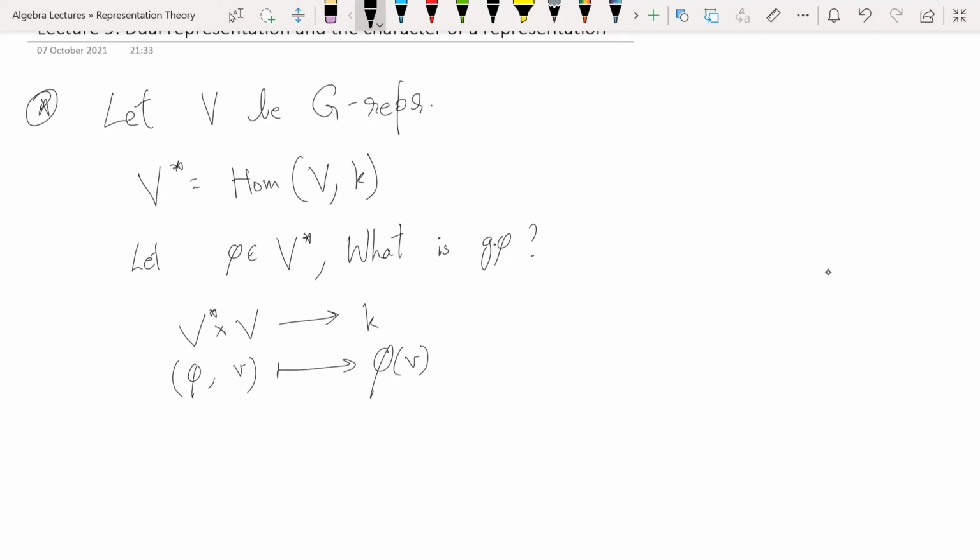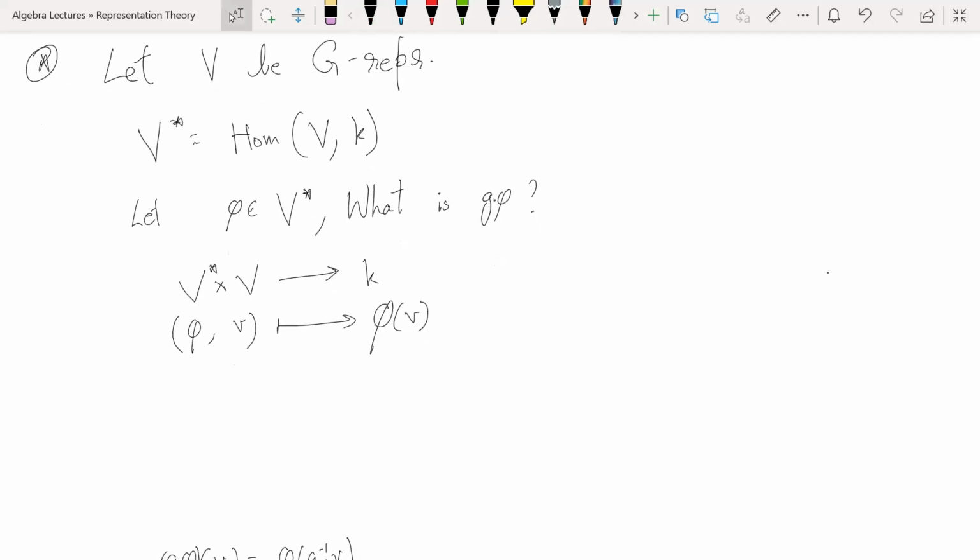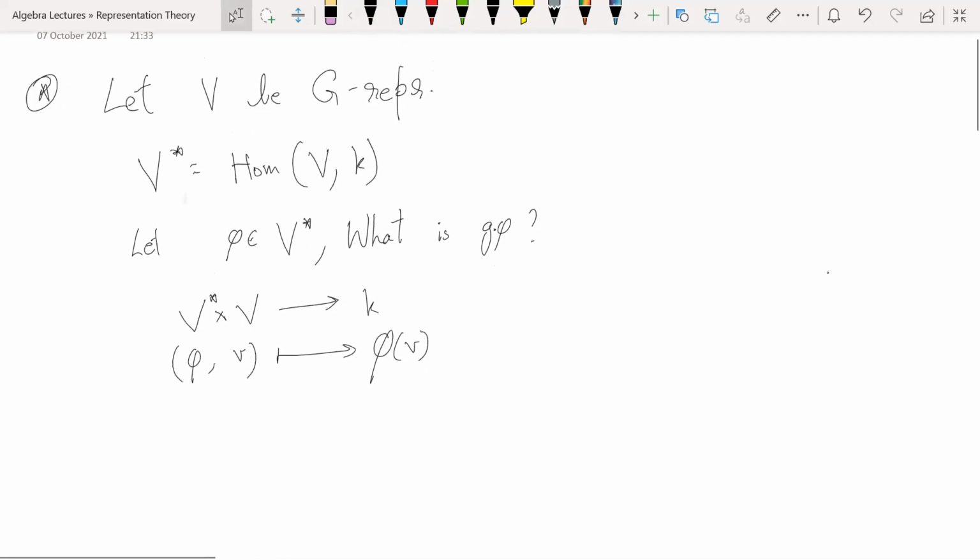So one way to think about it is that the representation should behave well with respect to pairing. Whatever this definition is, we would like that after the action, the pairing is preserved.